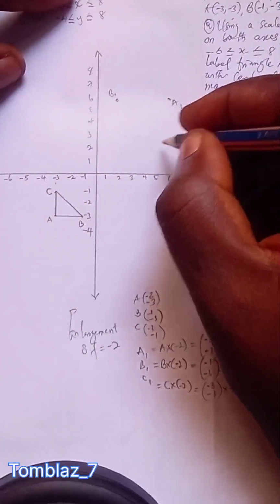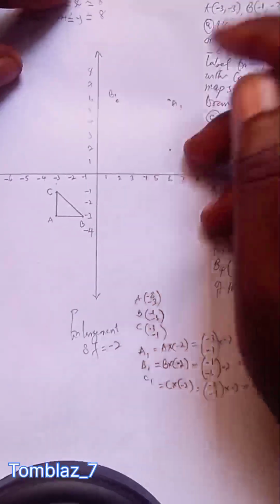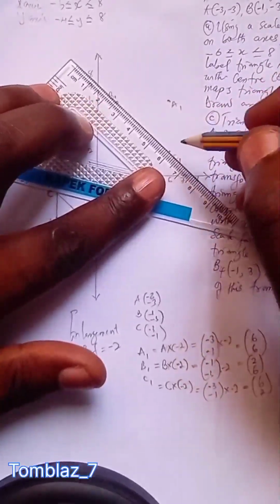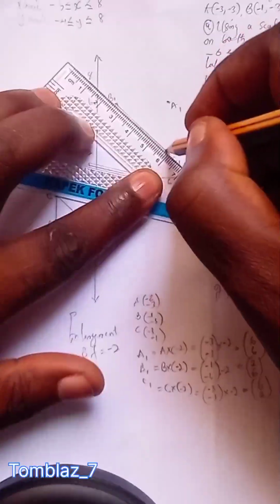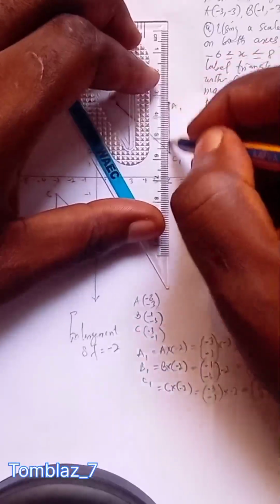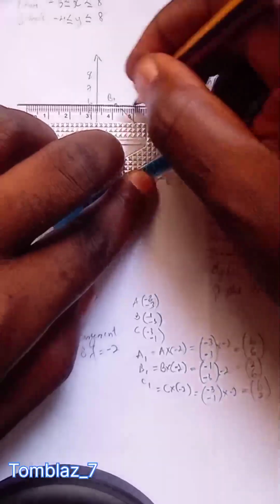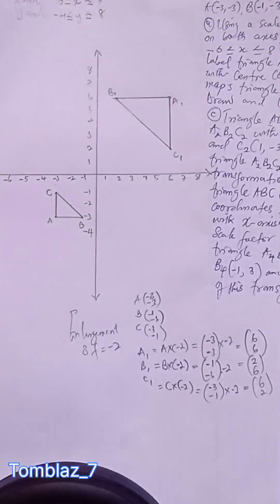So when you rise, you meet the horizontal portion at this point. So let's draw the new triangle. So this is going to be C1. So the new triangle will look this way. This, and this. All right, that's our new triangle.